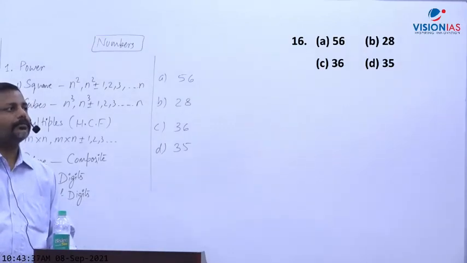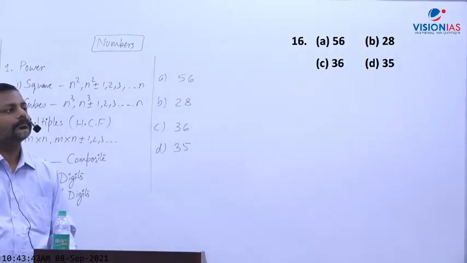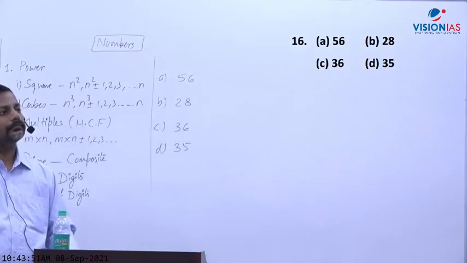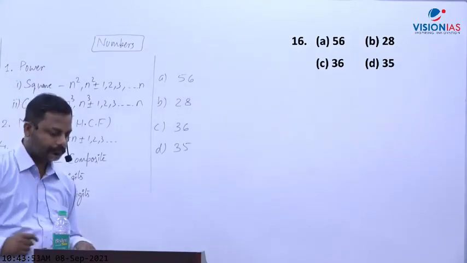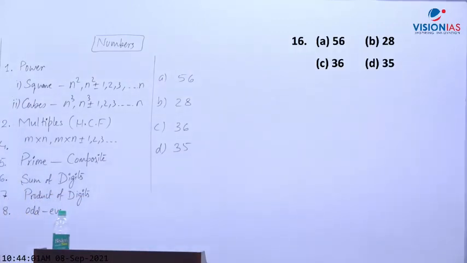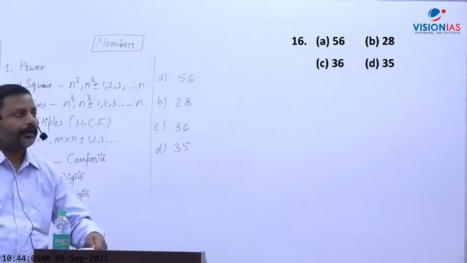So which one is odd? Out of these, which one is odd? 35.